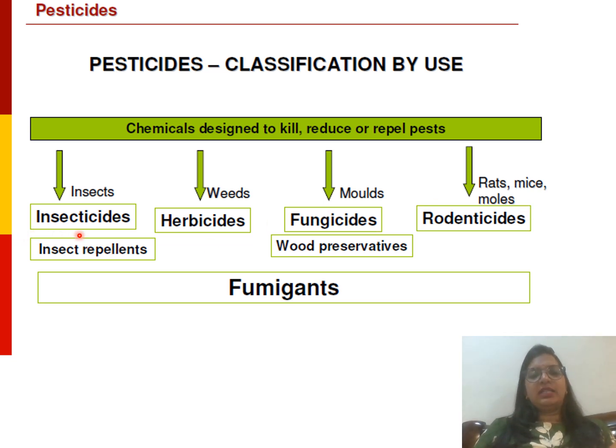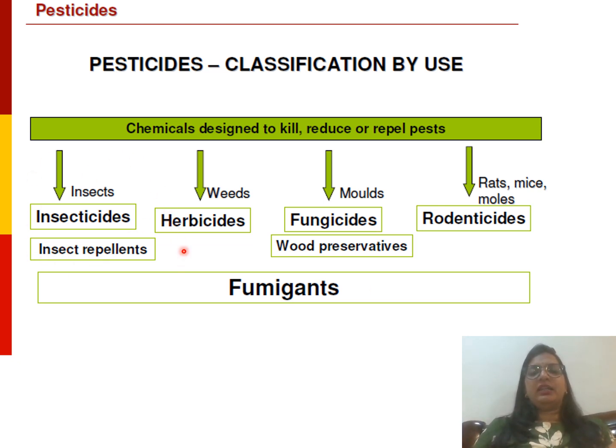Number 1 is insecticides. Insecticides are the pesticides which are used to kill, repel, or mitigate insects. So if our target is insects, then our pesticide is known as an insecticide.